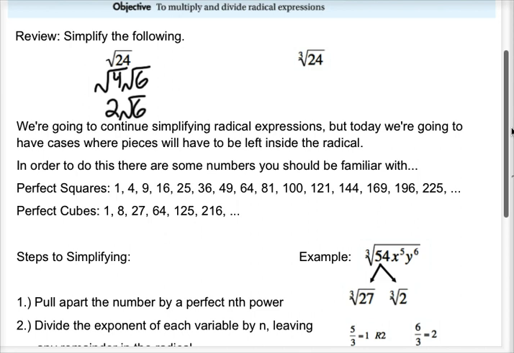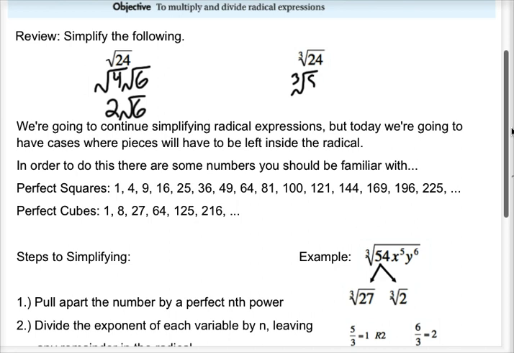Now, that same simplification process works for higher powers. So let's look at the cubed root of 24. Now we're going to shift gears and look at that third power column. In that third power column, what I notice is 8 divides 24.